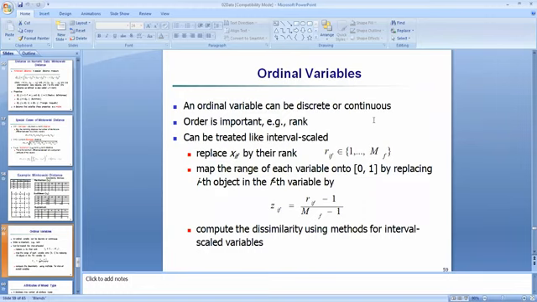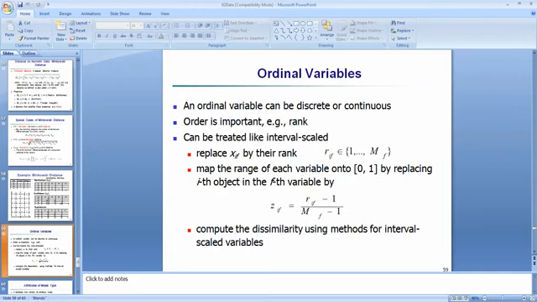An ordinal variable is a variable which has a rank, and it can be discrete or continuous.